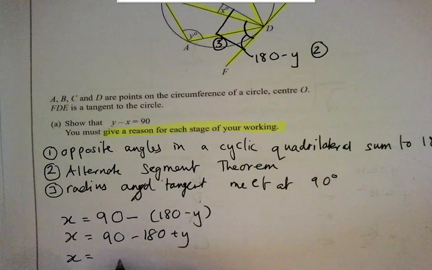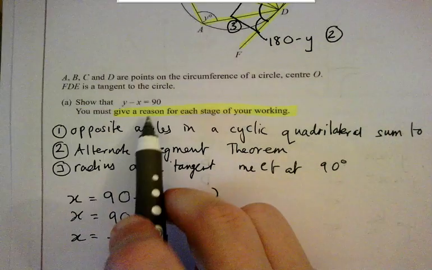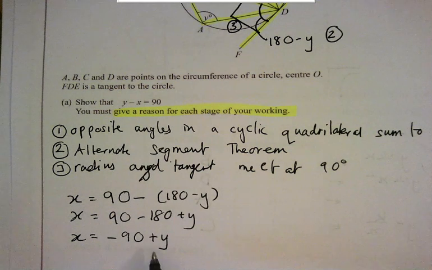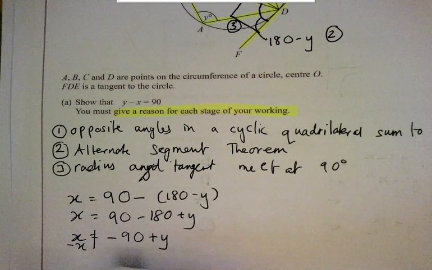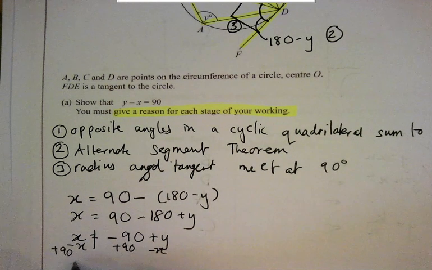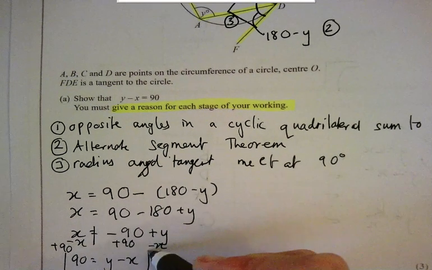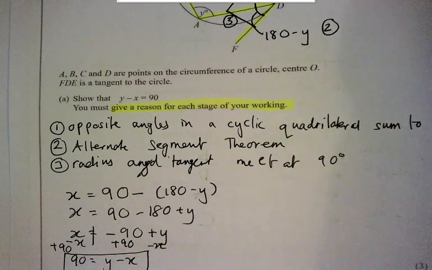So x is negative 90 plus y. And I'm almost here. I just need to subtract x on both sides and add 90 on both sides. It's going to leave me with 90 equals y subtract x, which is the thing they asked me to prove.